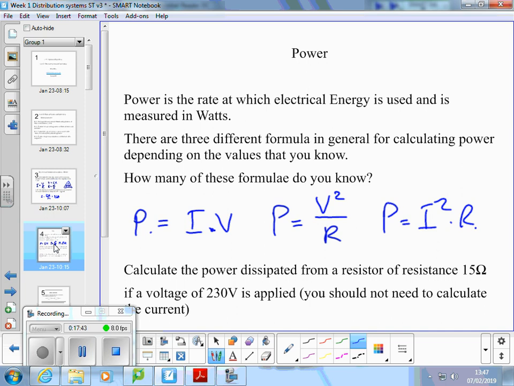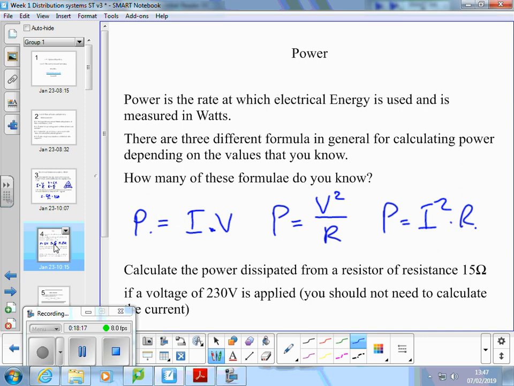Alright? So with those 3 different formulae for power, as long as you know 2 of the quantities V, I and R, you can always find the power being dissipated. So it's worthwhile knowing all 3 of those formulae. Now, if you know 2 quantities, you can usually calculate a third one and then do another calculation to get the power.